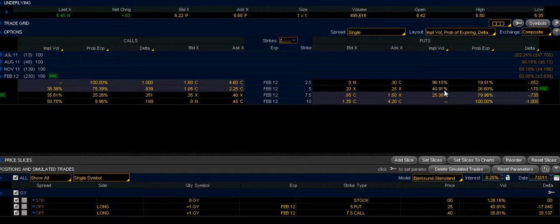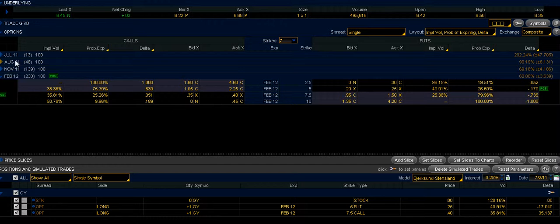You have 40.91. Well, I guess I did make a mistake yesterday. I should have bought the next one, the 7.5, but I was not willing to put up that much premium for risk. But what you don't want to do is buy the ones that are very expensive, like this one, 96.15.